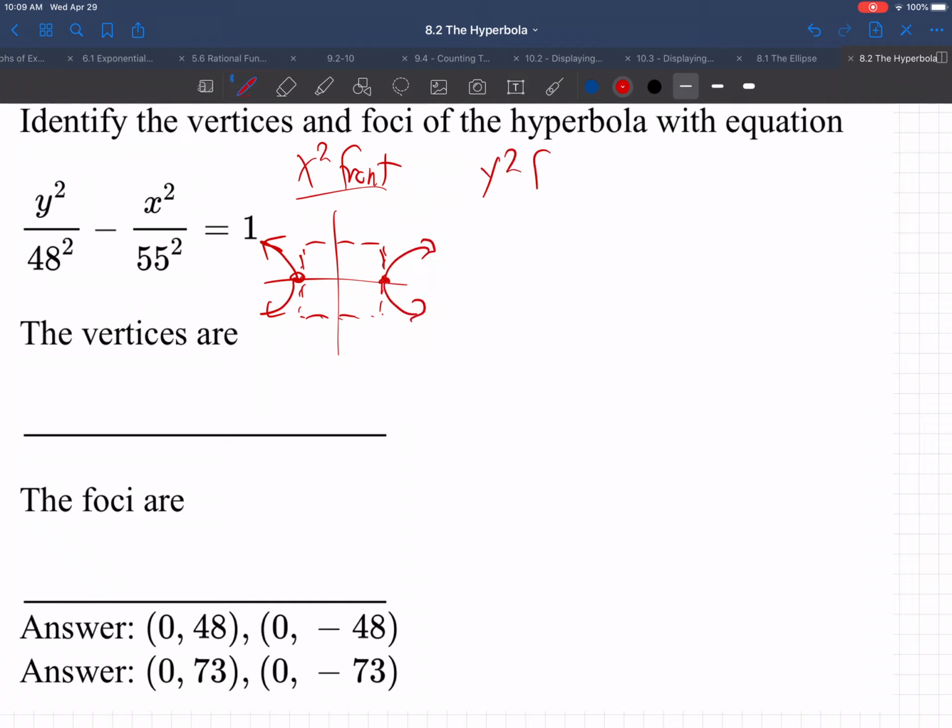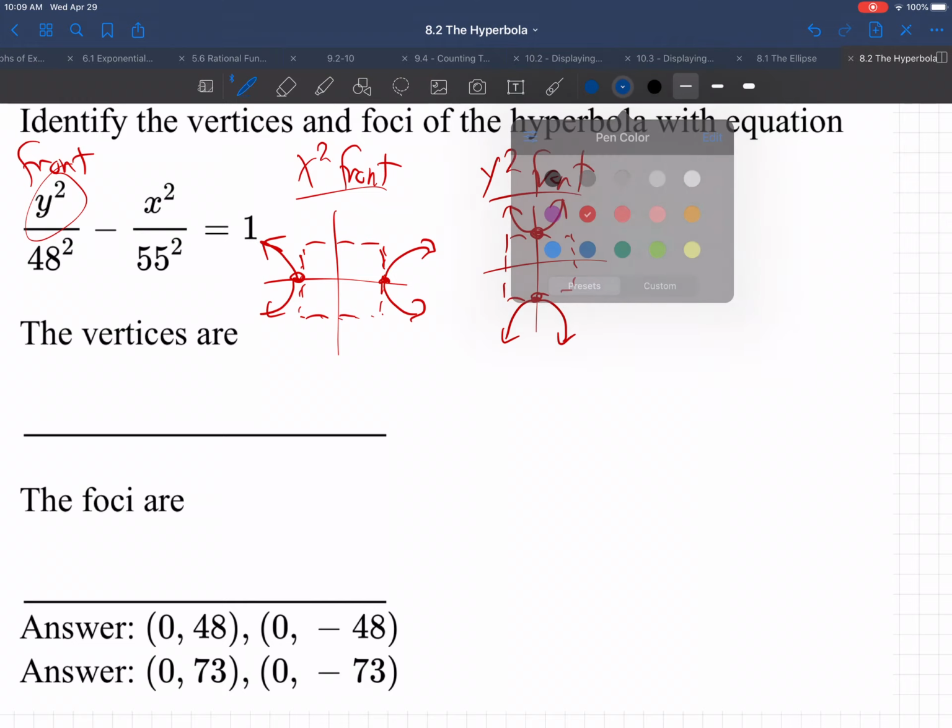If you have y squared in the front, that's us, then with the dotted box, the branches go from the middle of the box up and down. So if y squared's in the front, up and down; x squared's in the front, right and left. That makes sense. Okay, so in our case, we have y squared in the front.